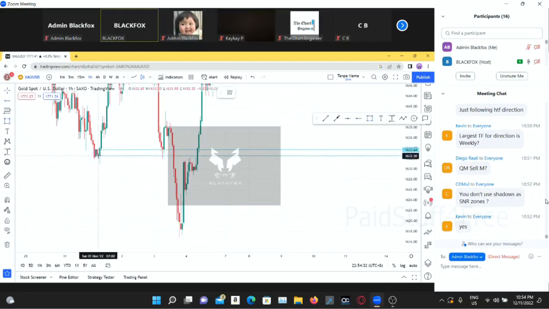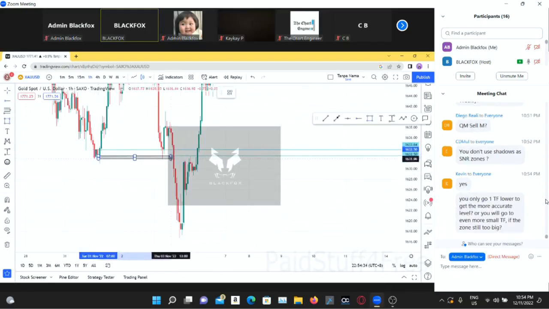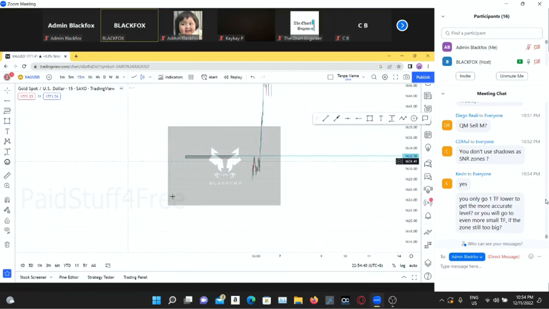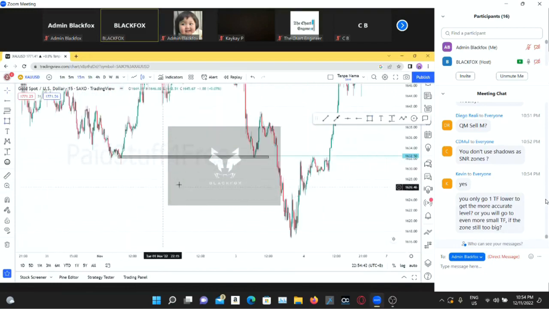Inside the H1 shadow there is also SNR. So if we go to M15, there is support right here, so you get your sharp entry. If you want to find a sharp entry, just take H1 multi-time frame, go to M15. So this one is support M15.